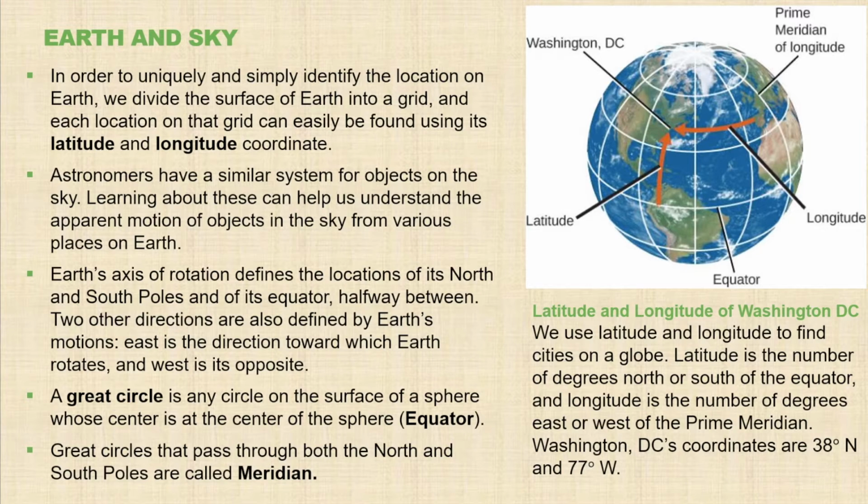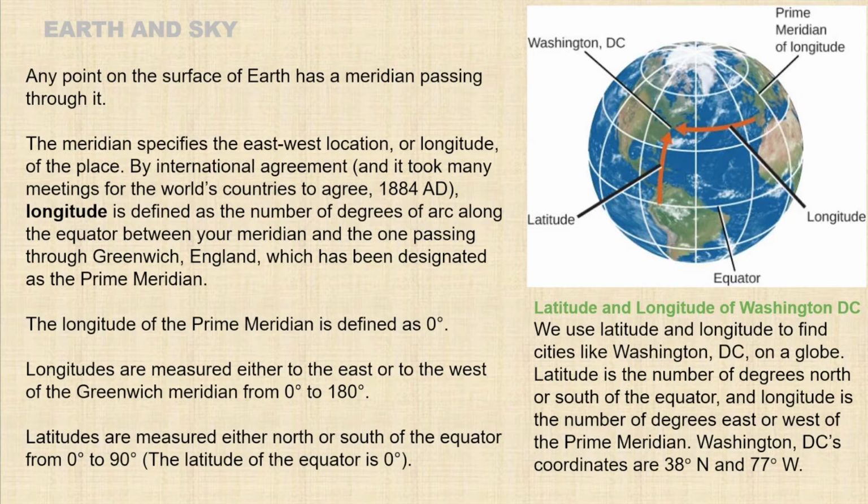For latitude, it was easy to set that point because it's the largest circle and it's the equator of the Earth, so every degree up or down, let's measure that as the latitude. But for longitude, it was not easy. It took forever for everyone to come to a conclusion.